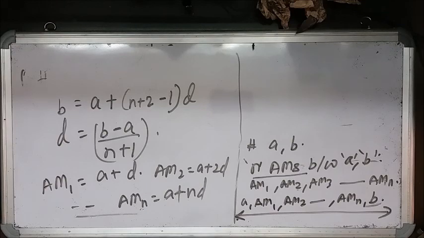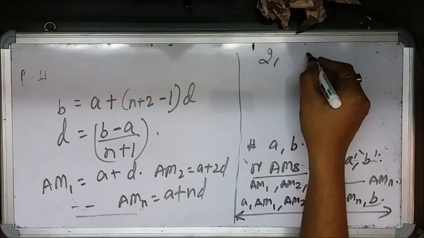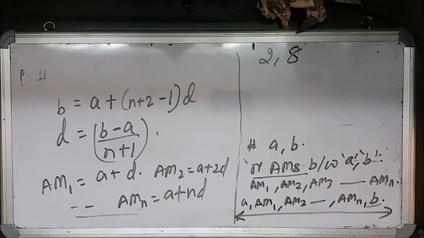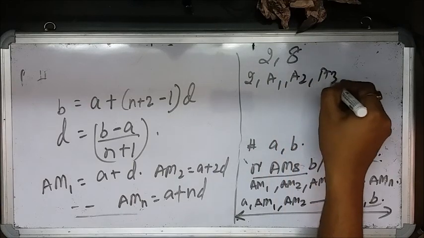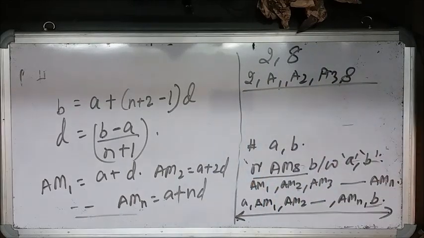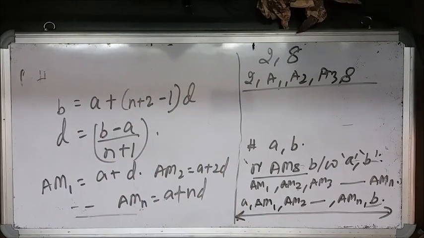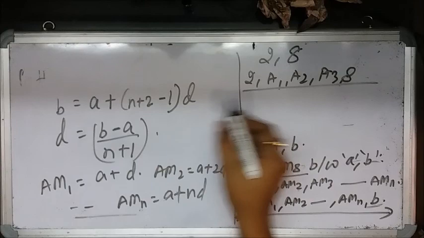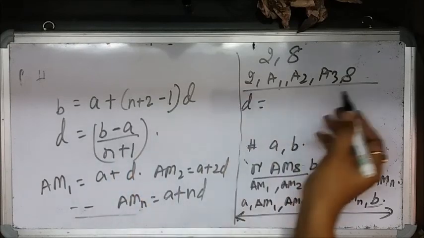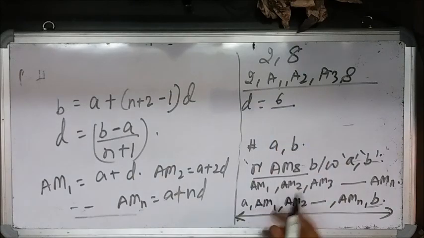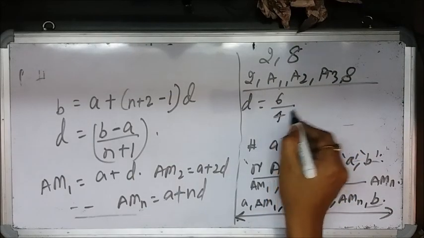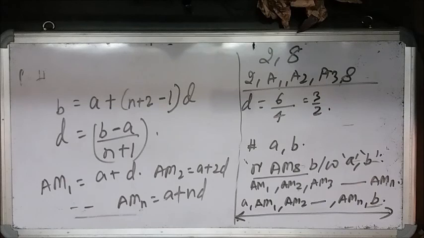This is simple. Suppose you are given 2 and 8. Insert 3 arithmetic means between 2 and 8. So what you can say is that 2, A1, A2, A3 and 8 are all in AP. Now if you remember this formula, it's okay. You can directly tell that the common difference will be equal to B minus A, that is the last term minus the first term, that is 6, divided by n plus 1. n is 3, so 4, that will be equal to 3 by 2.